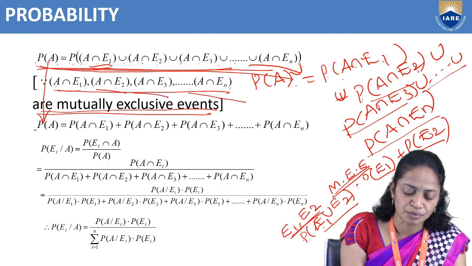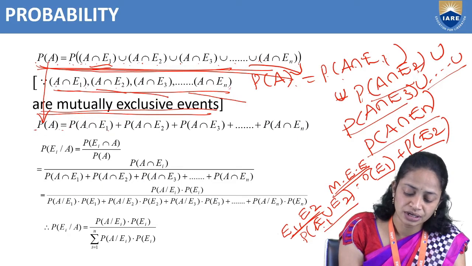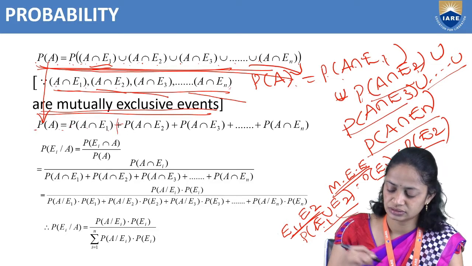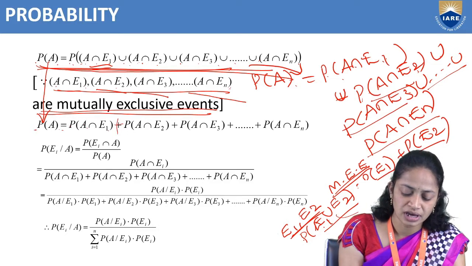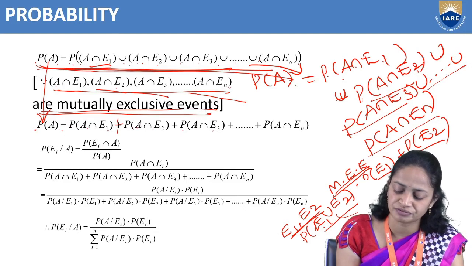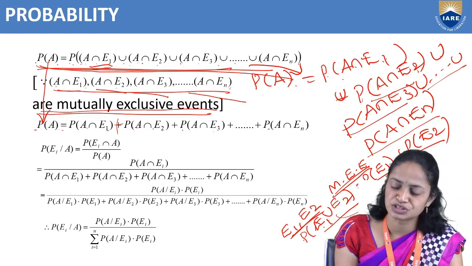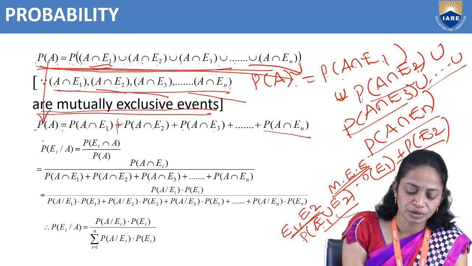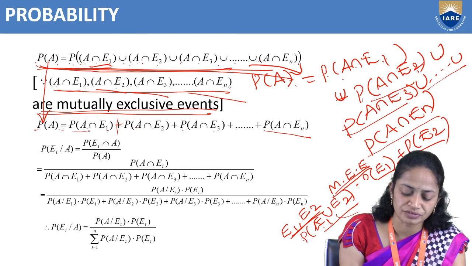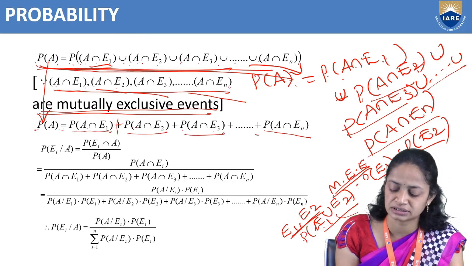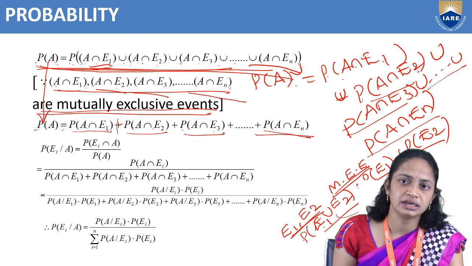That's why probability of A equals P of A intersection E1, and in place of union we have to write plus. So P of A equals P of A intersection E1 plus P of A intersection E2 plus P of A intersection E3 plus and so on P of A intersection En.